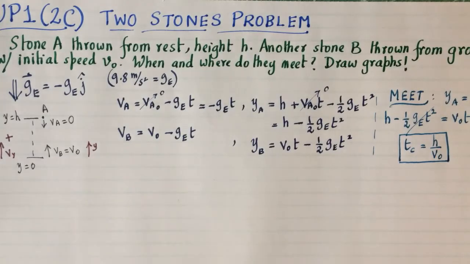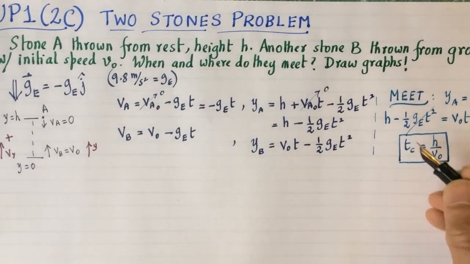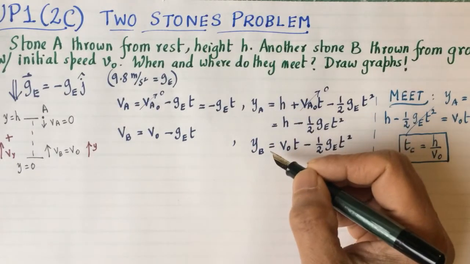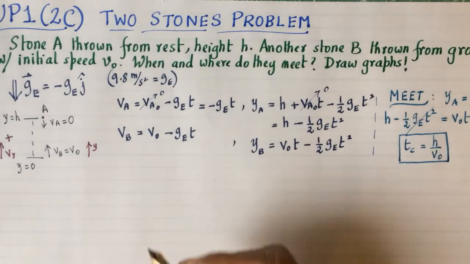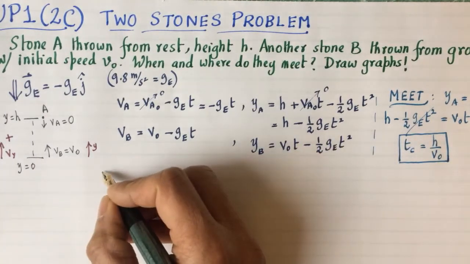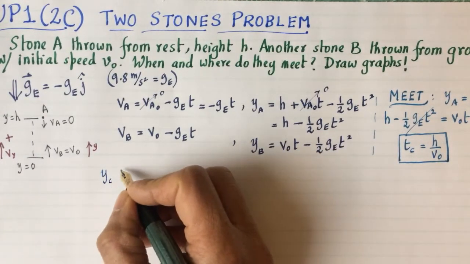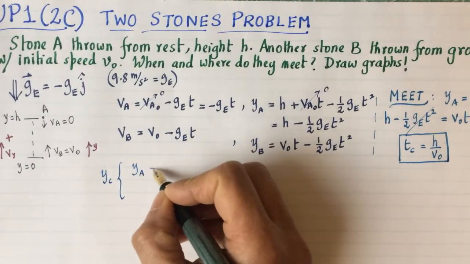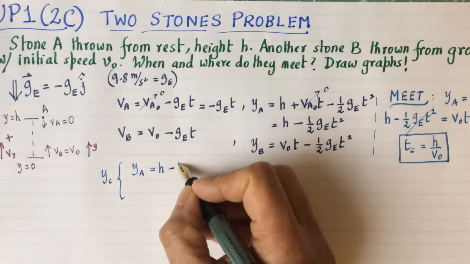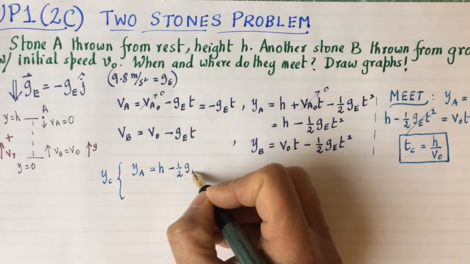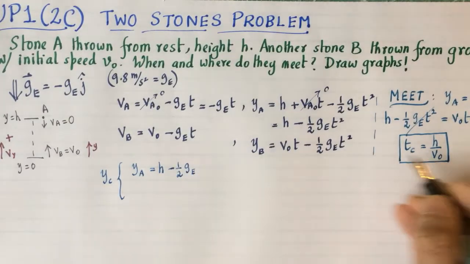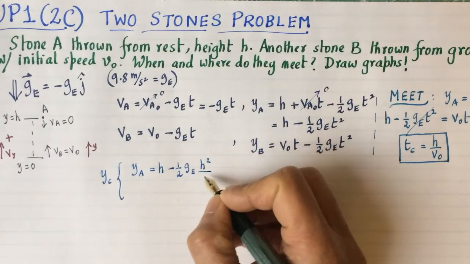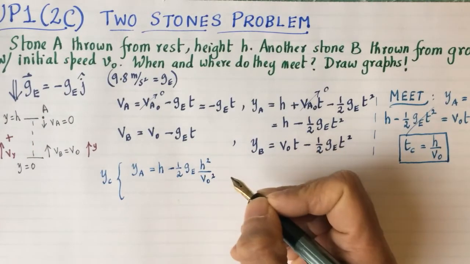The next thing we can do is to figure out where they meet. For that, all we have to do is put this critical time in one of those equations. We can do either one. So let me try doing both. The first equation gives me yA equals h minus 1/2 g sub e t critical squared. So I get h squared over v0 squared.